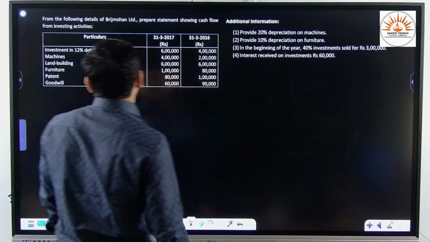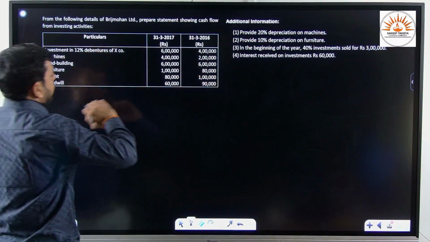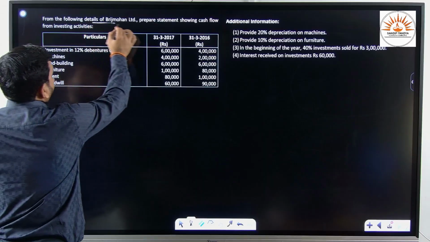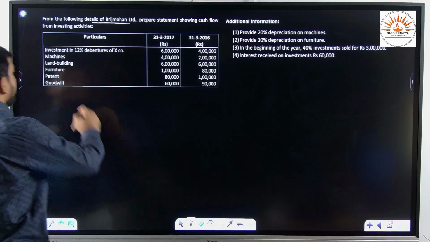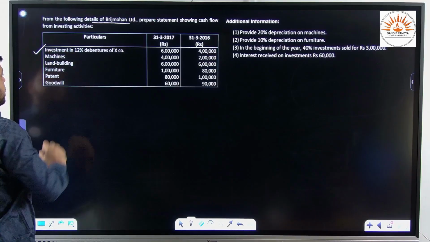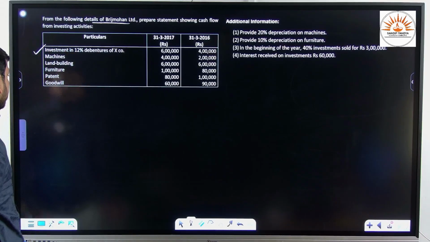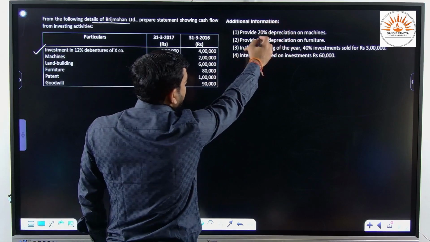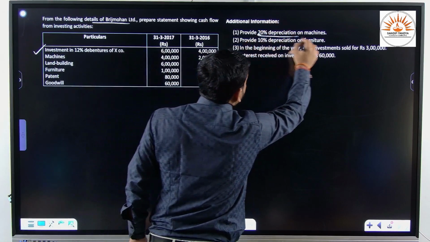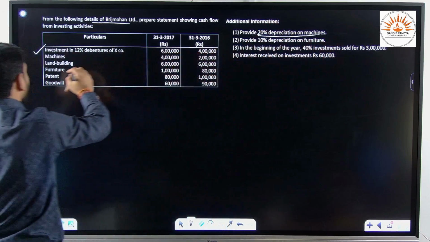Now read the question carefully, where we have been given a few more details. Bridgemont Limited prepared the cash flow statement for investing activity, where we have been given investment, machine, land and building, furniture, patent and goodwill. Additional information is also given: 20% depreciation on machine account. So where is the machine account?